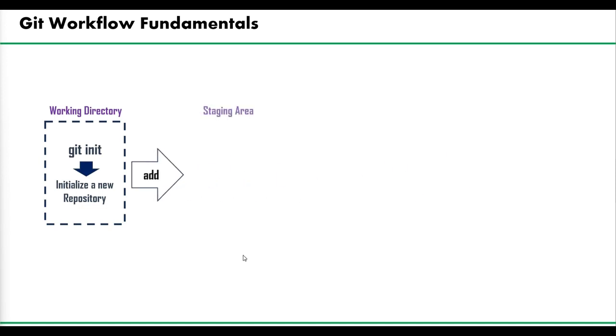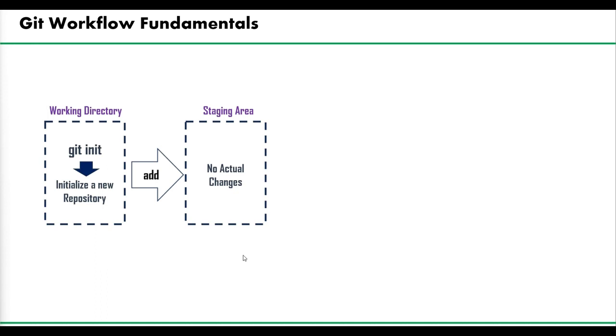We need to use the add command in order to move all the information that you have, for example that Python file we mentioned before, into the staging area. So the next step is transferring this Python file into the staging area. Not just a Python file, it could be any file.